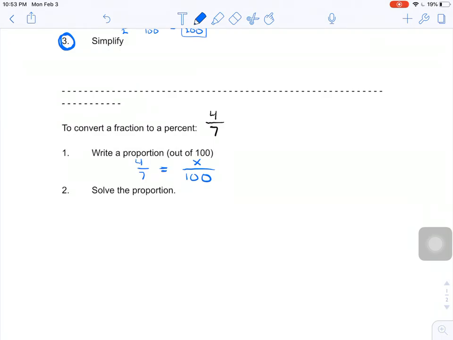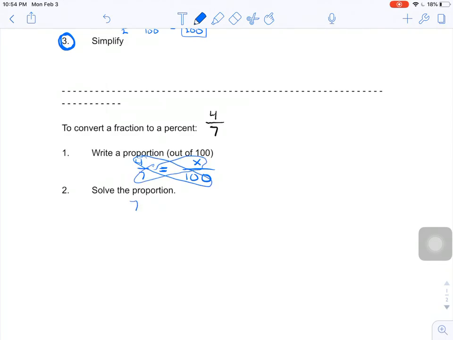So rather than trying to figure out what to multiply 7 by to get to 100, you can look at this proportion that we just made. You can take the original fraction and write it as a proportion out of 100 because that's what a percentage is. Which means since we have a proportion, we can use our proportion solving strategies from this chapter. So we can come through and use cross multiplication to solve the proportion.